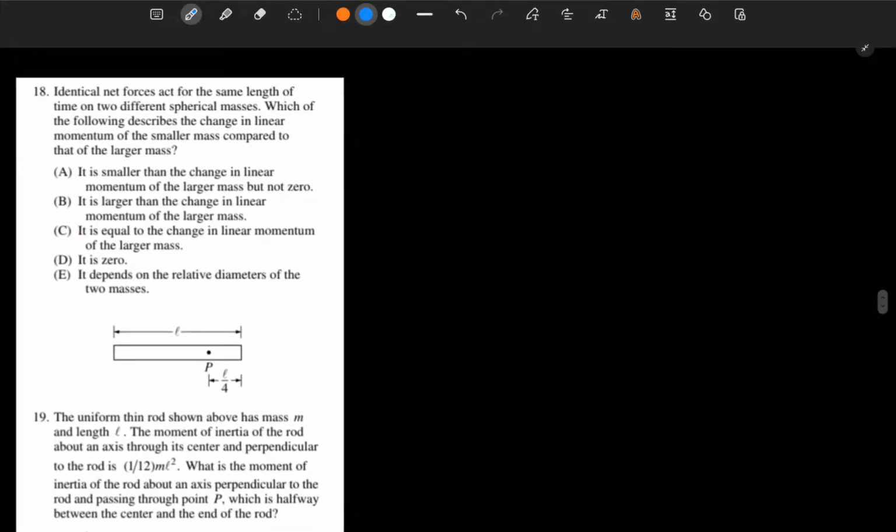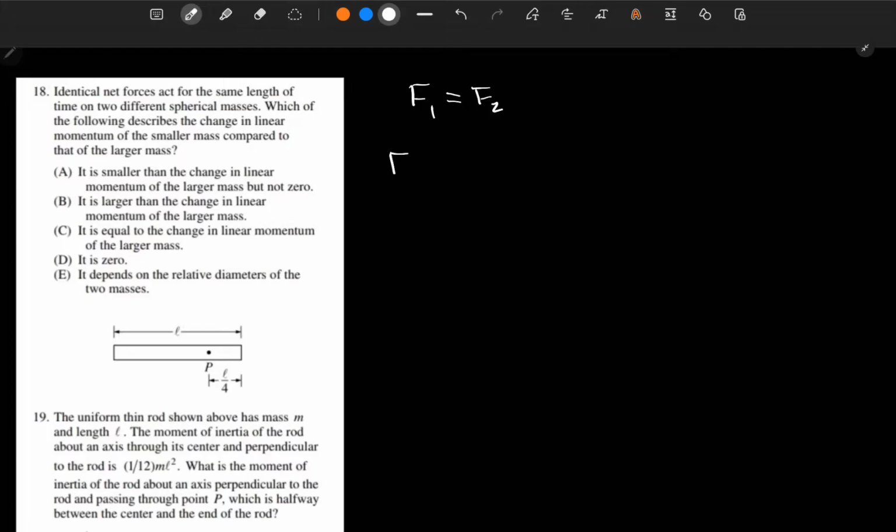Next, let's assume that identical net forces act for the same length of time on two different spherical masses. Which of the following describes the change in linear momentum of the small mass compared to that of the larger mass? Well, to answer this, we first note that we have two forces, F1 and F2, which are equivalent to each other.